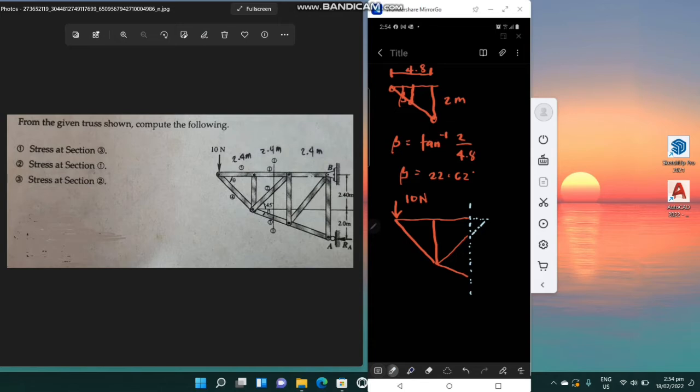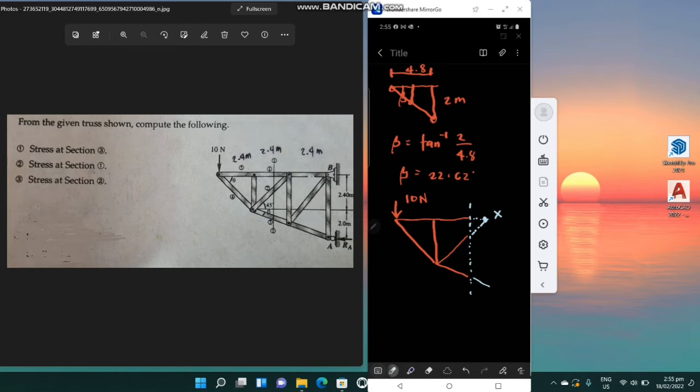Okay, so if you sum up, kung ato ning i-consider as x, ma-expose nimo ang section 3, in which kung dili ka mag-sum up og moment using section method, counterclockwise equal to clockwise.